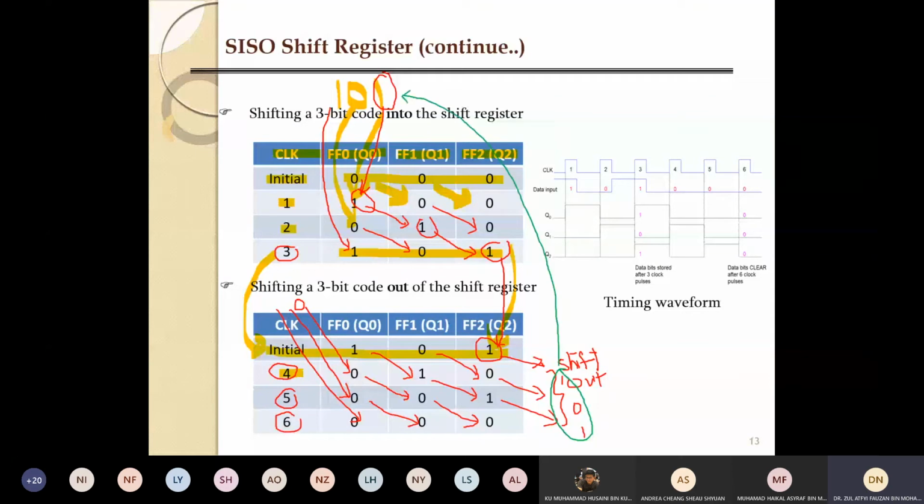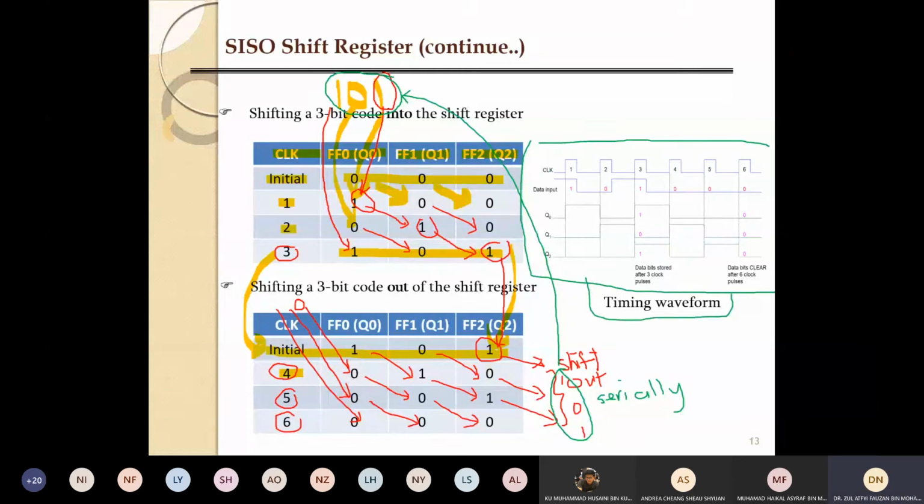This is the 101 input data, and this is the output that shifts out serially. Serially means 1 bit per clock. That is for the table form, and now the timing waveform.